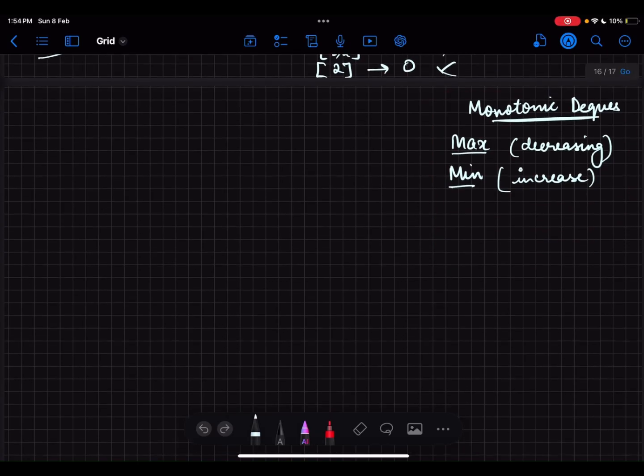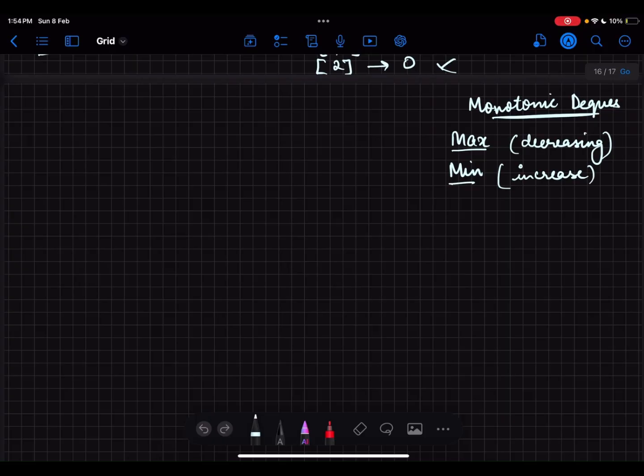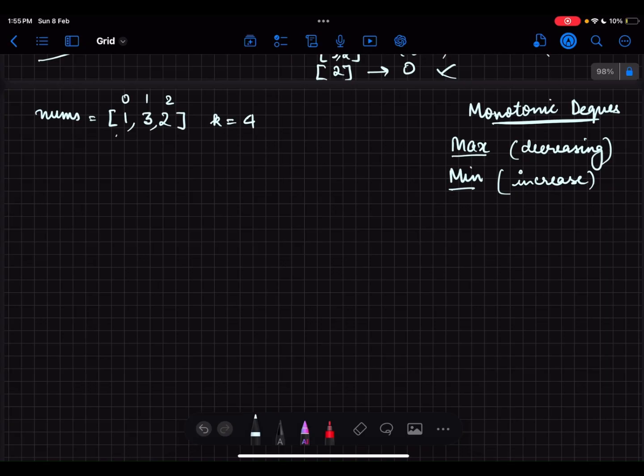Now let's understand the whole concept via the same example where we have nums. We start a sliding window. L initially points to the 0th index and so does R. L represents the left boundary and R represents the right boundary.